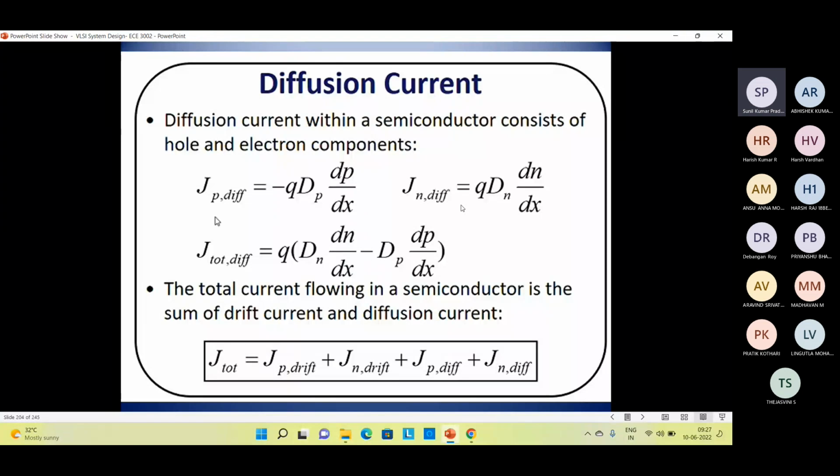Similarly, the diffusion current density for electron will be Q dn by dx. So this is actually our diffusion current density for electron, Q dn by dx.